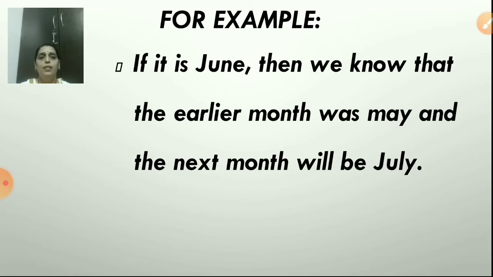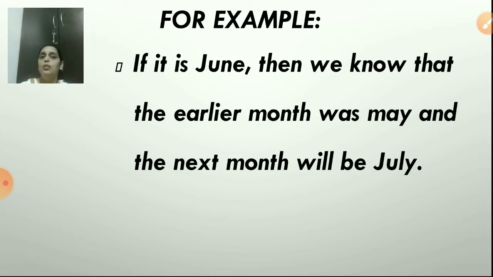For example, if it is June, then we know that the earlier month was May, and the next month will be July.